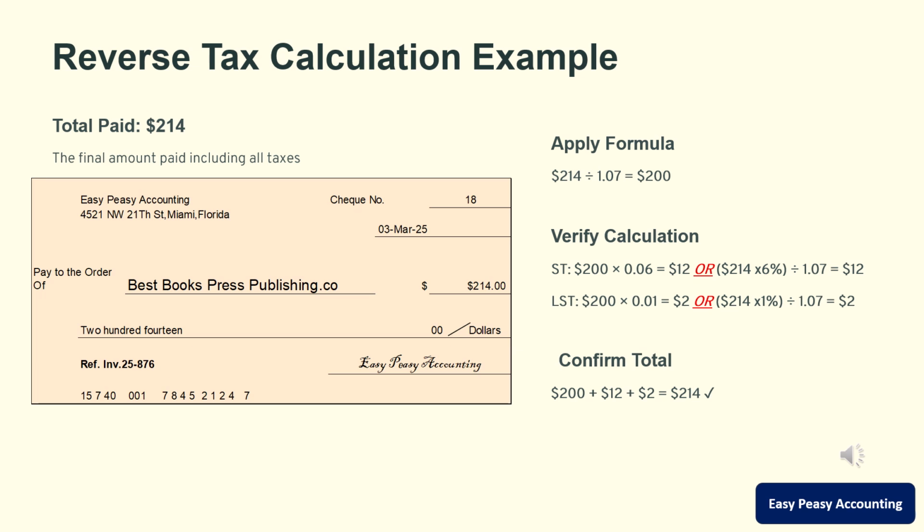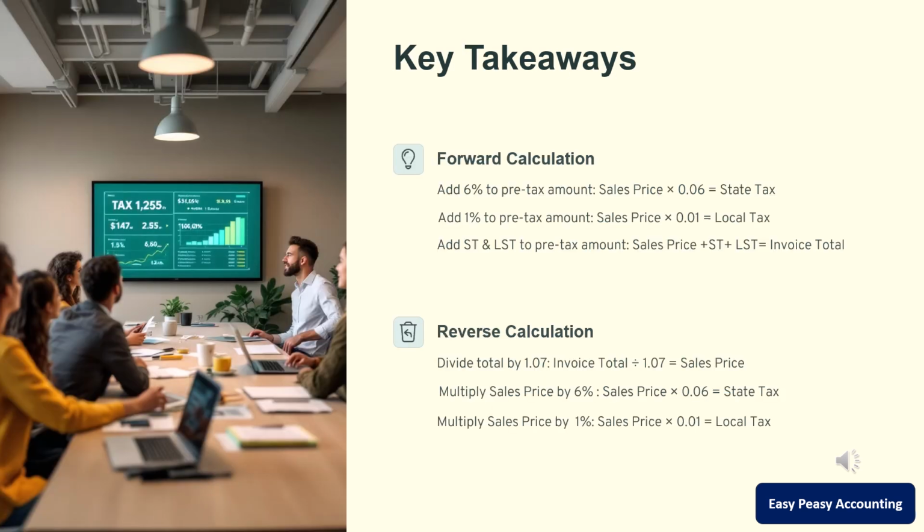Total tax equals $12 plus $2 equals $14. Step 3. Confirm total. Final price equals $200 plus $14 equals $214. So the pre-tax amount is $200, the state tax was $12, and local tax paid was $2.